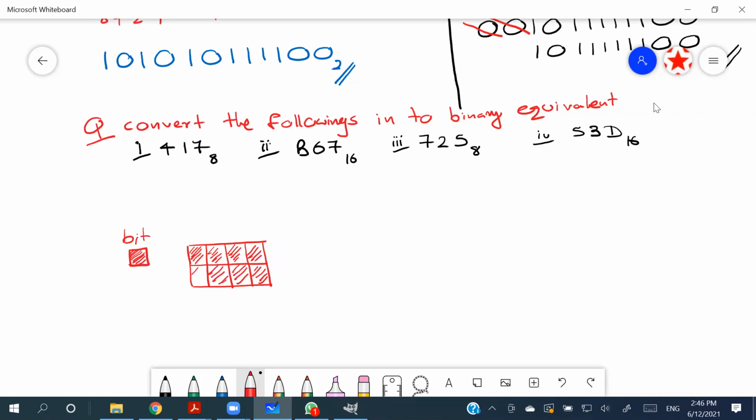So this is called 1 byte, right? And we got a bit over here. So 1 byte equals 8 bits.